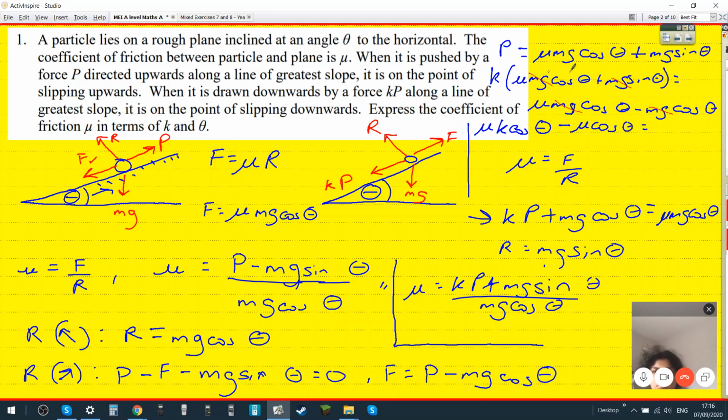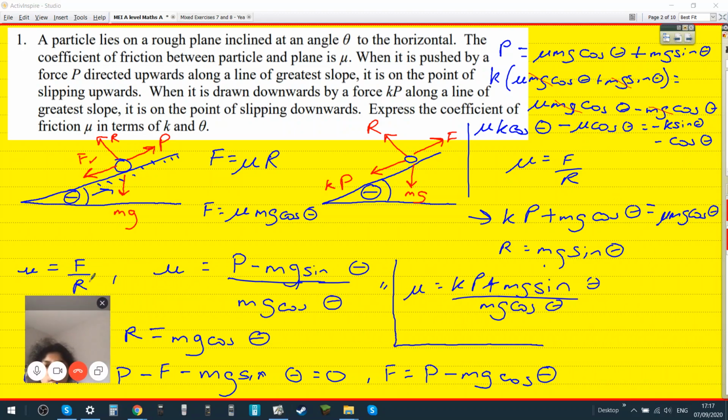And so that was minus k sine theta, because I'm bringing it to the other side. Minus cos theta. Okay. And you just factorize out mu, so then you have k cos theta minus cos theta in the bracket.